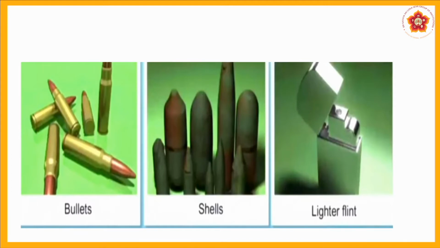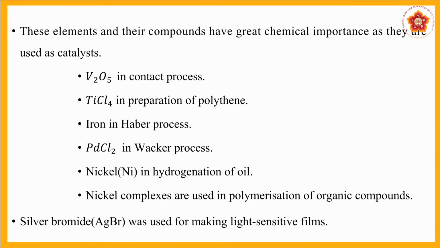If these are all day to day uses, we also know that a large number of chemical reactions happen in our industries or research systems, which determine what sort of compound we get with various catalysts. So, what are those applications? Let us see. I have tabulated some catalysts used for various reactions.